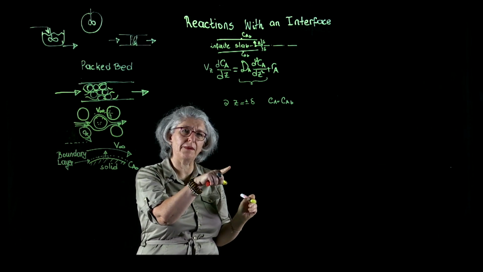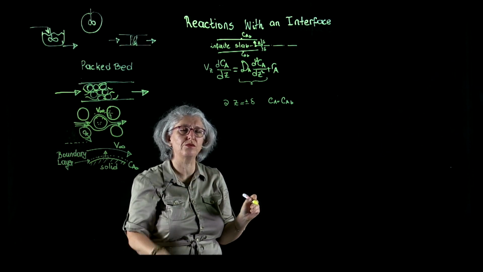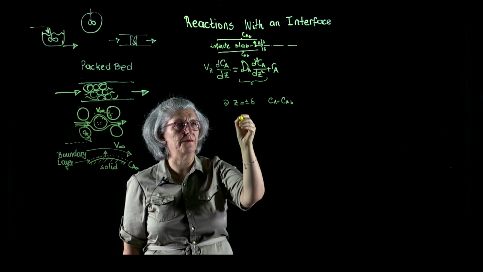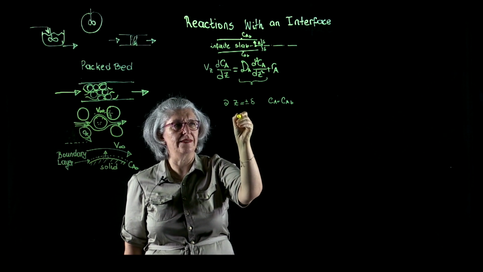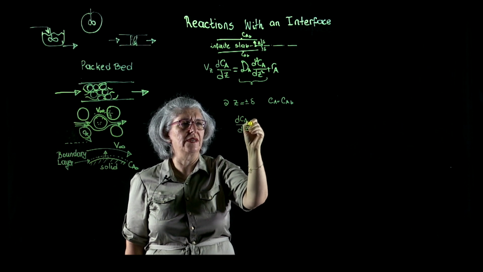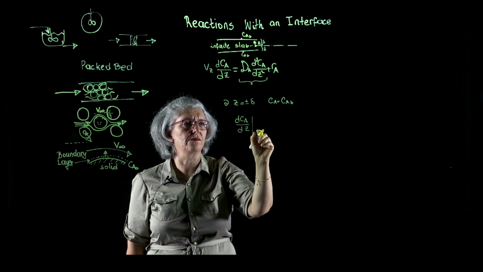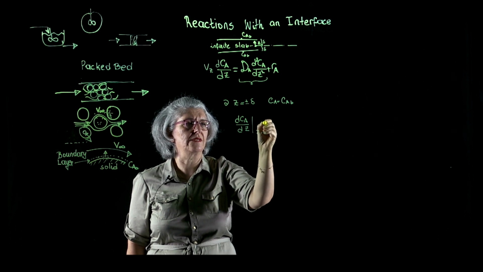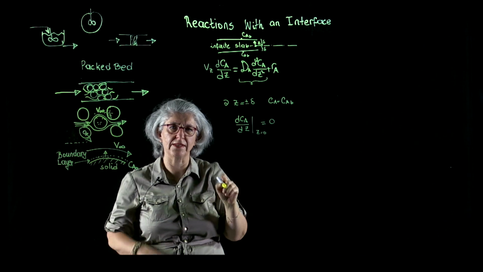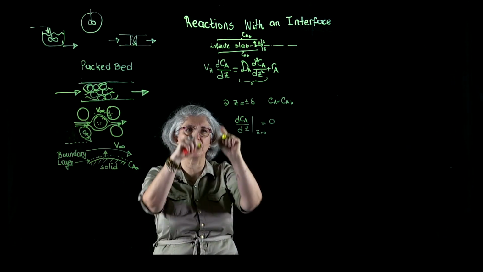But there's an additional boundary condition that you can also use. Sometimes that is more useful. That is the symmetry condition: dCa over dZ at Z equal to 0 is equal to 0. That is the symmetry condition, meaning the concentration is symmetric across this geometry.